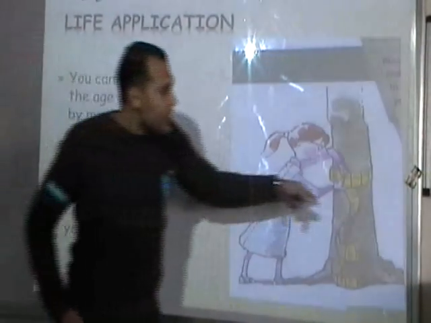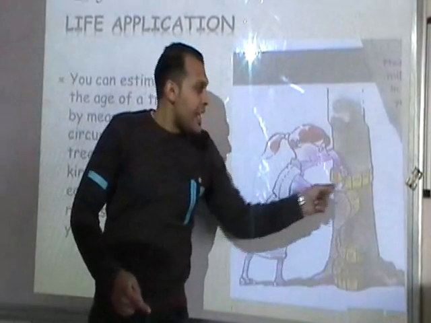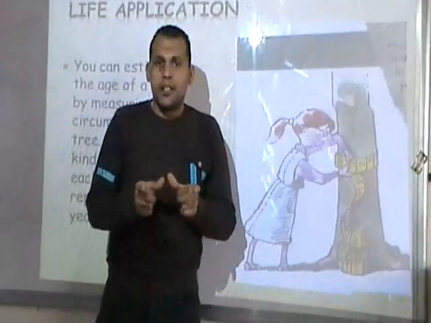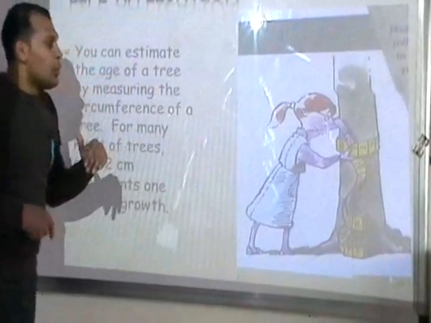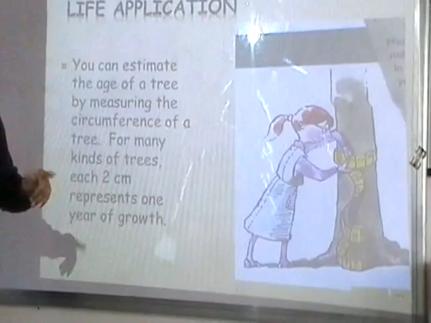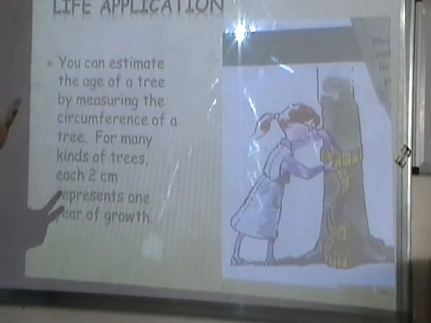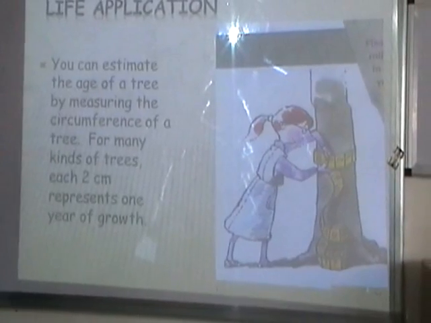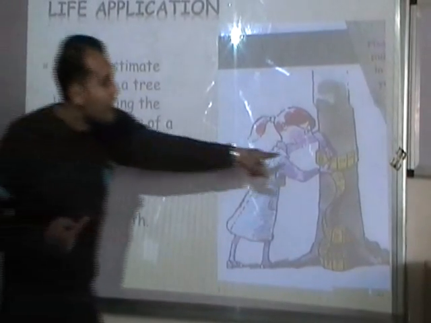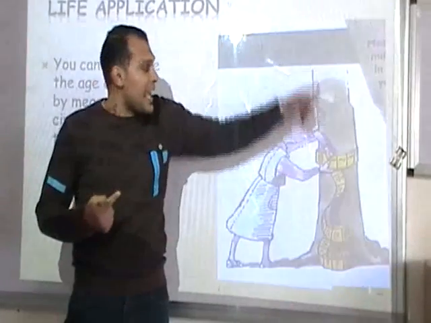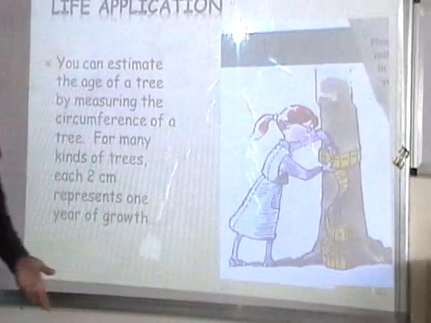How? Any tree has the shape of a circle. So we can know the age of the tree by measuring the circumference of the circle. For many trees, each 2 centimeters represent 1 year. So if the circumference is 100 like this, the age of this tree is 50 years.